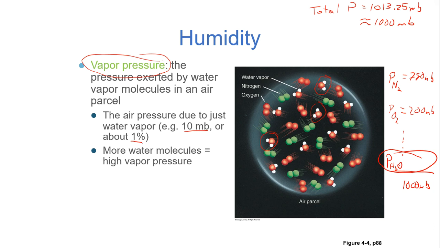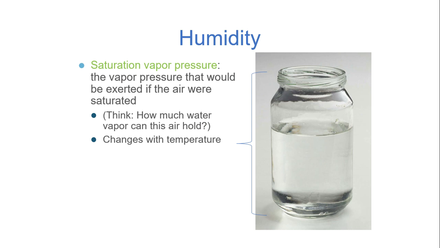Now there's a limit to how much water the air can hold. This is the saturation point. Here's an easy way to think of the saturation point. Think of the atmosphere like a jar. You could start putting water into your jar, and then eventually your jar will fill up. As soon as you reach the opening, the jar is 100% full.